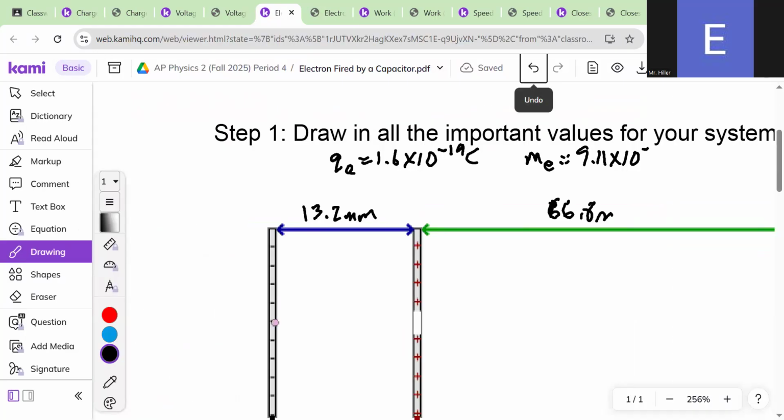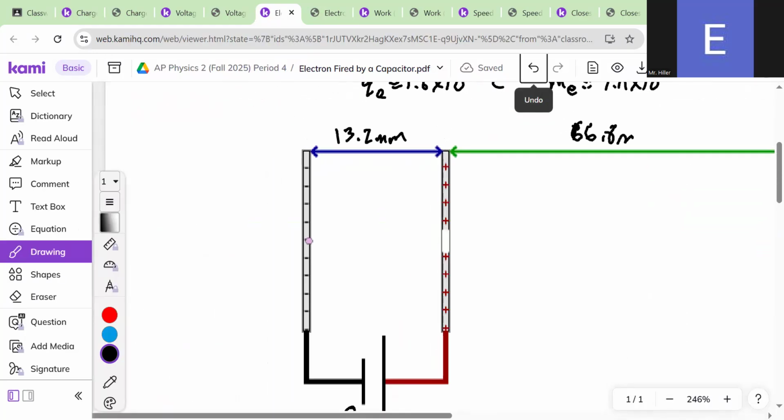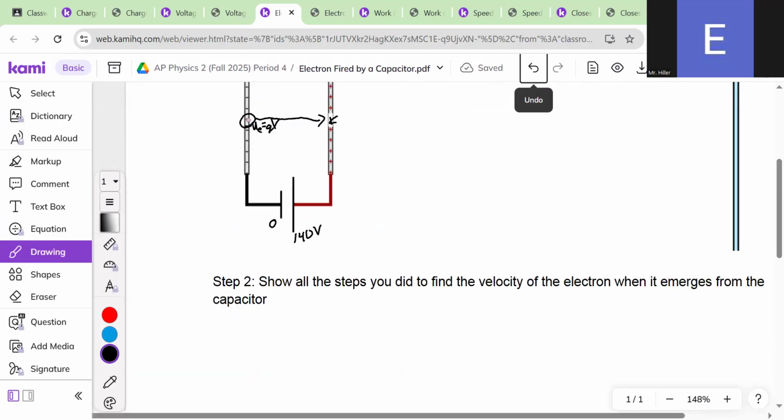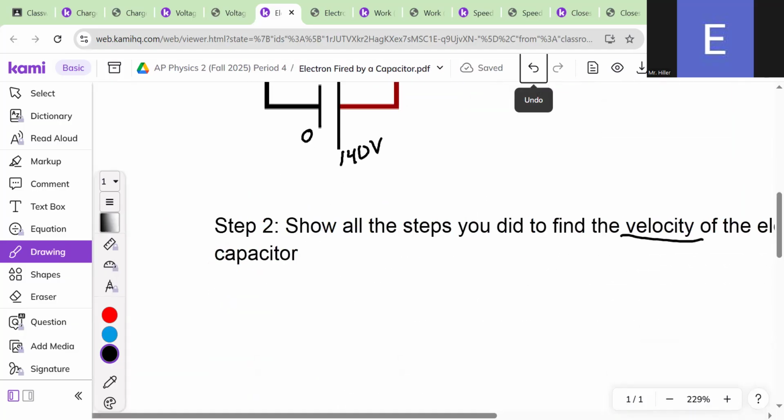Well, for that, what basically happens is the electric potential energy, which is Q times V, that the electron has, it has the potential to move here, but it's not moving yet. That will transform into kinetic energy as it reaches the hole here. So we're going to use conservation of energy to find the speed.